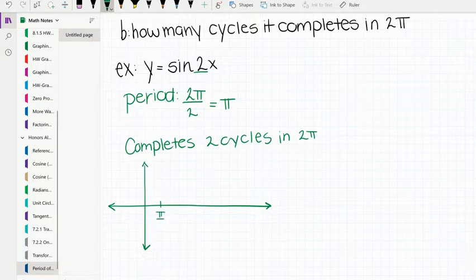Okay, so if we were to quickly graph that, let's say we have pi over 2, pi, 3 pi over 2, and 2 pi. Let's say that's 1, negative 1. Our parent function would look something like this.